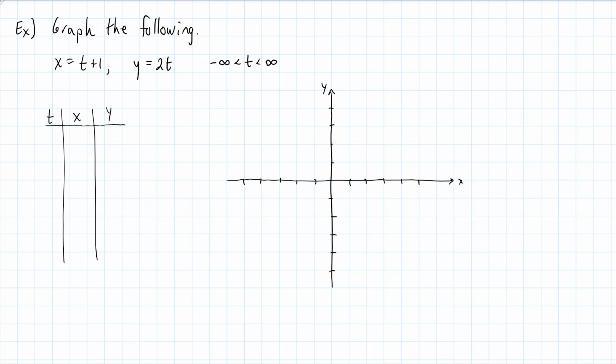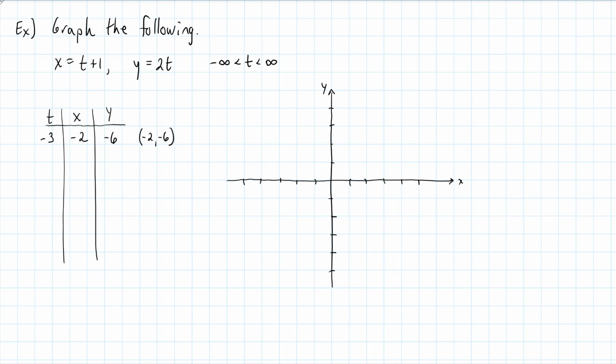So what if we plug in, say, -3? Start with some negative values of the parameter. If I plug -3 in for x, I get -2. If I plug it in for y, I get -6. So that one value of the parameter corresponds to the ordered pair -2, -6.